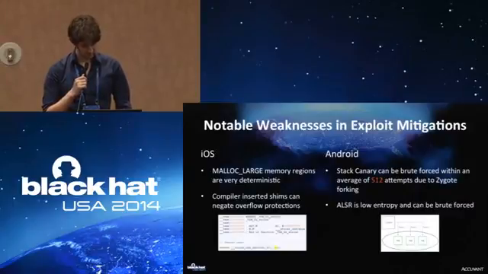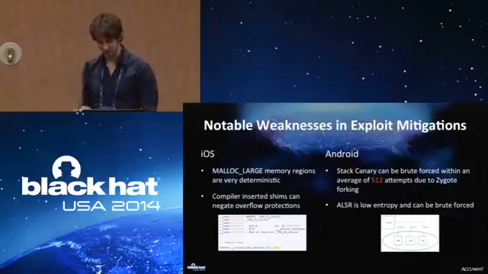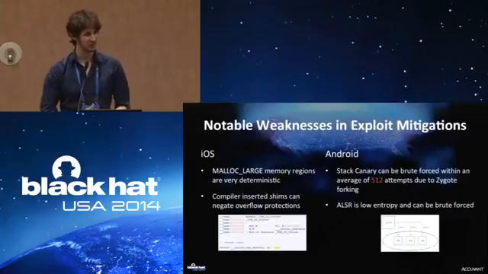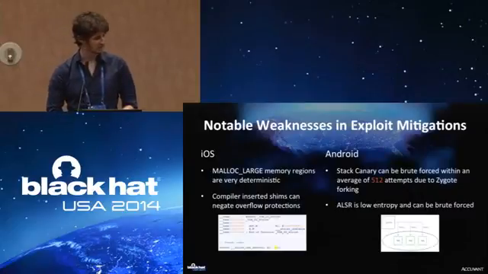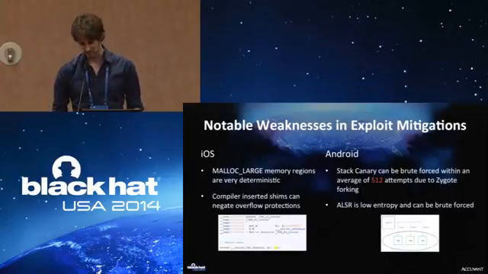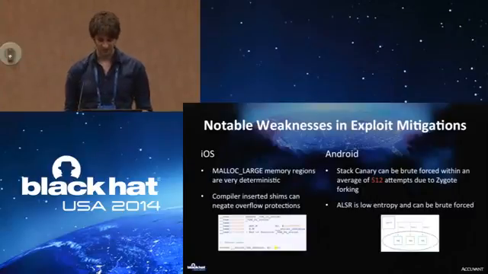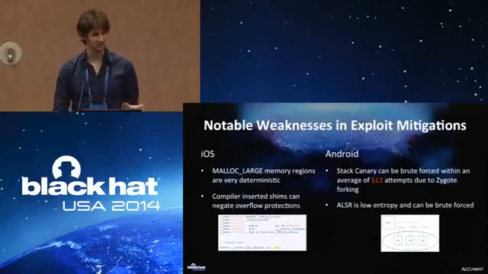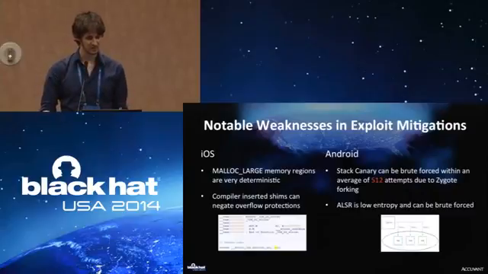Okay. So we wanted to talk also about some issues we found, at least some weaknesses we found while we were testing and while we were doing the proof of concept and the exploits. Some of the things we found and that we used is, for example, on iOS, the malloc uses 3 different regions: tiny, small for lower than 15 or 16 kilobytes, and large.